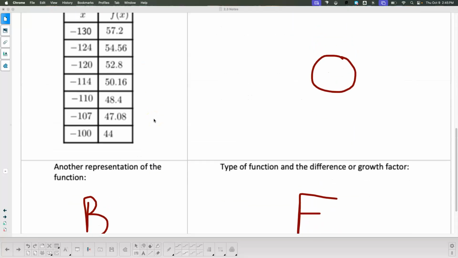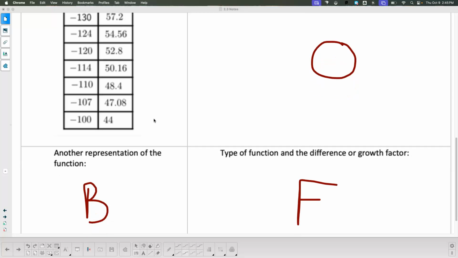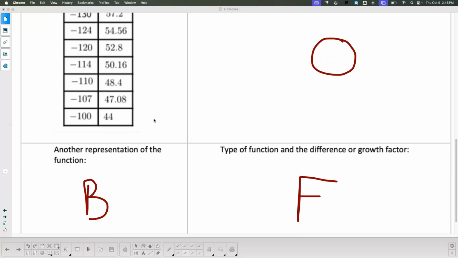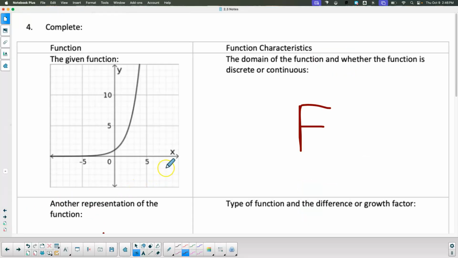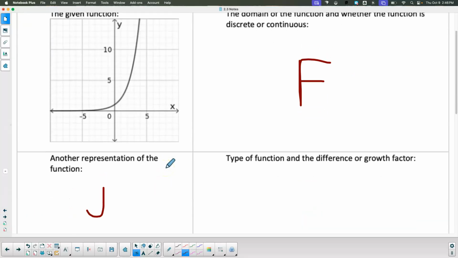For number 3, I got these. Agree? For number 4, I got F and J, but I couldn't find one for the type of function.